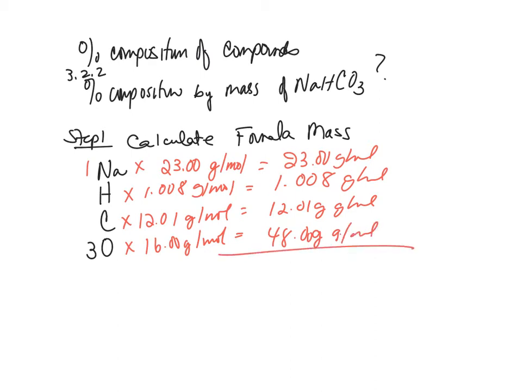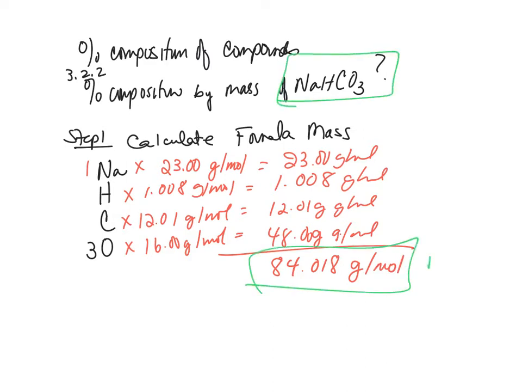And then I add that up, so 48 plus 12.01 plus 1.008 plus 23, and I get 84.018 grams per mole. So that's the formula mass for this compound. Now that's the bigger number because that's all of these elements. Okay, so this is going to be on the bottom.